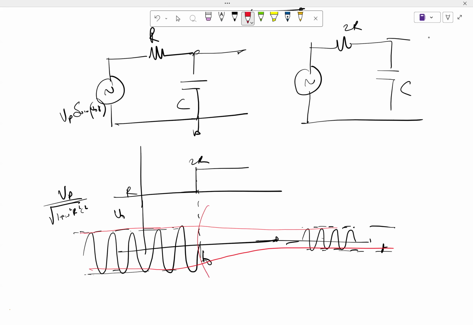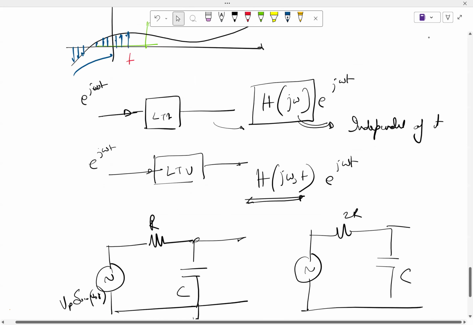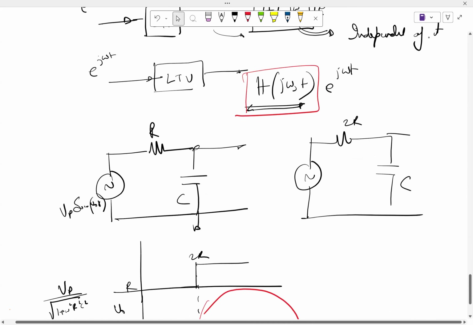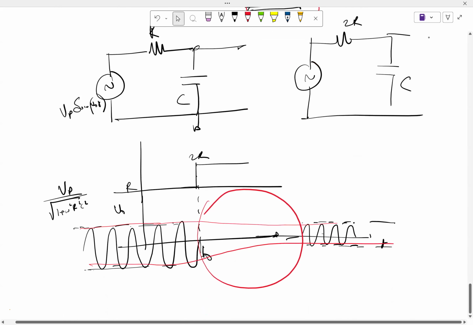If I'm interested in what is happening here, then I have to find out this guy. The effect of time information is in this intermediate zone. I do not have to bother about time information if I am at steady state on either side. That is why we need to evaluate h of j omega, t properly.